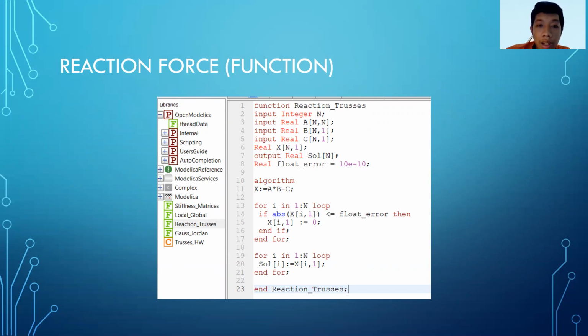So we can move to the algorithm. We can see that x equals A multiplied by B minus C, with I in 1 to n in a loop. After that, we get the reaction in the trusses.